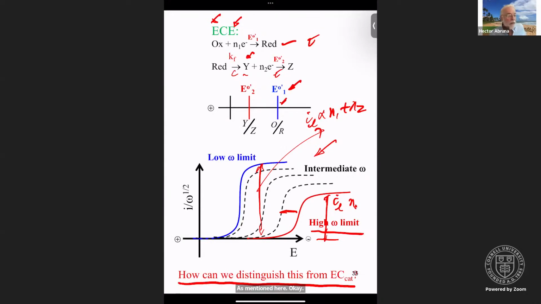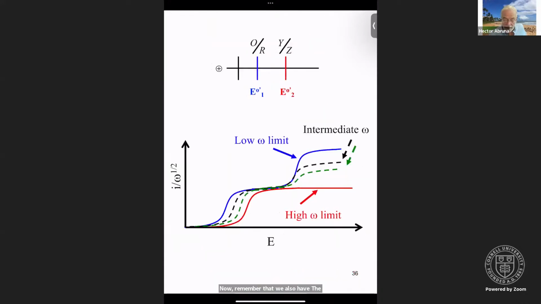Now remember that we also have the second variant of an ECE, where the second electron is negative of the first. And so how do we understand this process? Again, our canonical go-to: high omega limit and low omega limit.